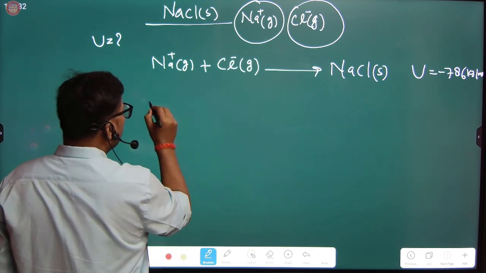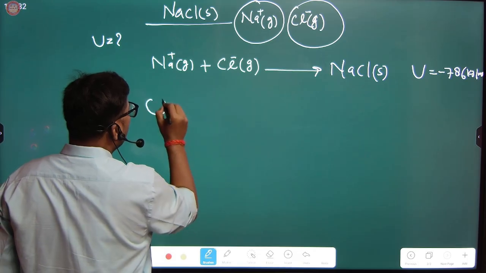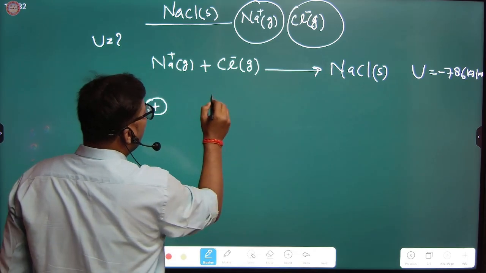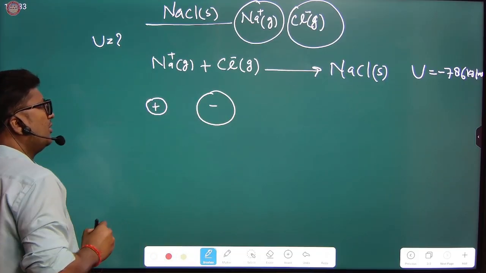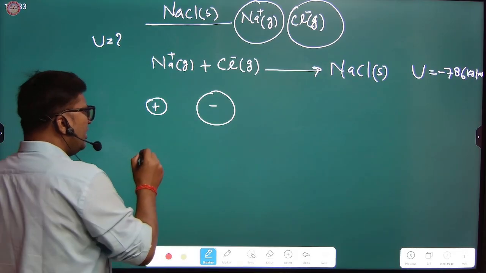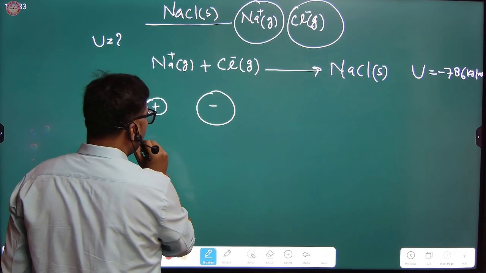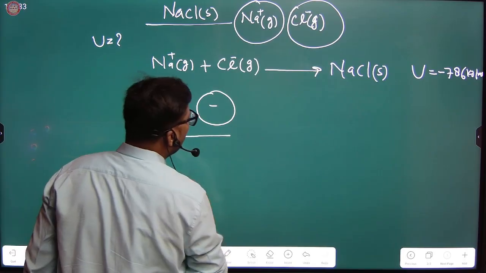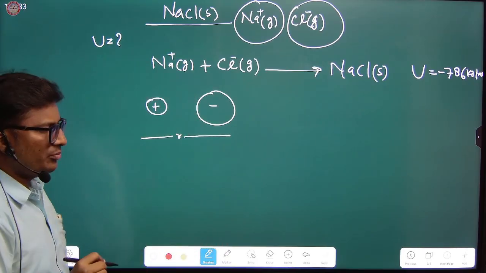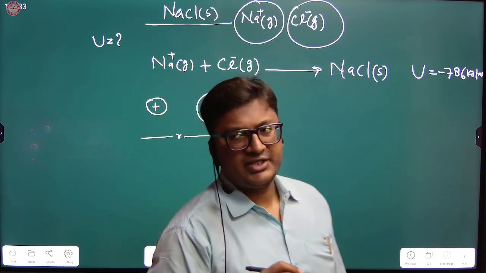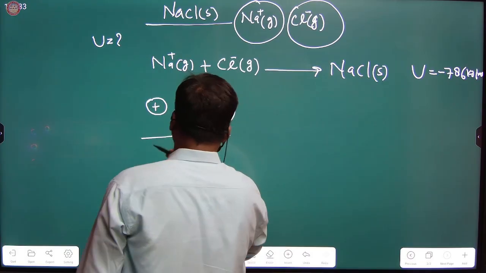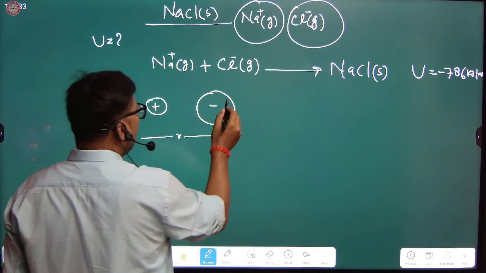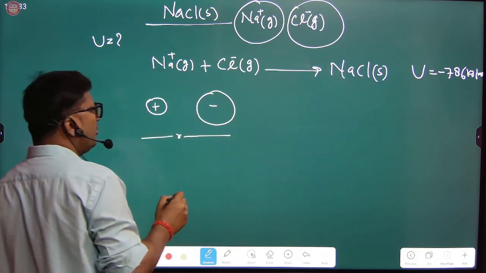Suppose this is your cation and this is your anion, and the distance between these two ions is defined as R. The cation has a positive electric field and the anion has a negative electric field.